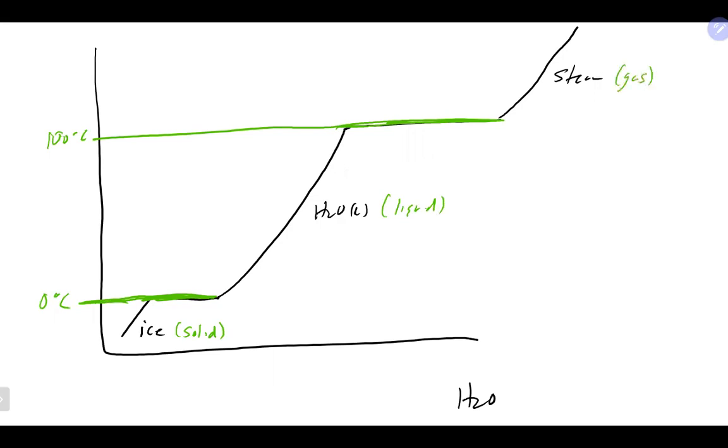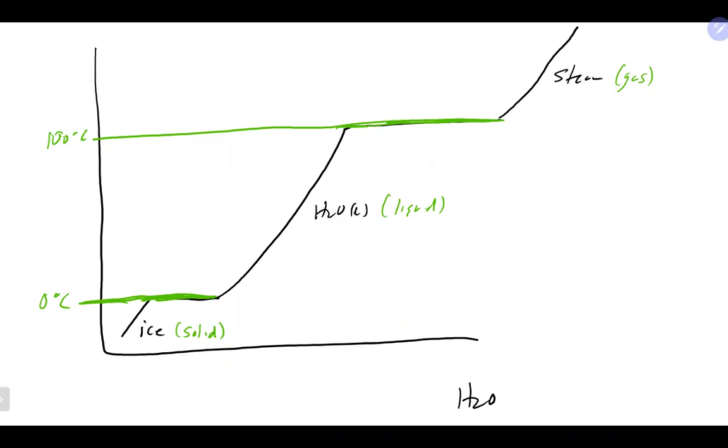Now, there's a certain amount of energy required to simply change the substance from one phase to the next, not really changing the temperature. So at 0 degrees Celsius, when we talk about water, we basically have both phases in equilibrium with each other. We have ice, some liquid water.